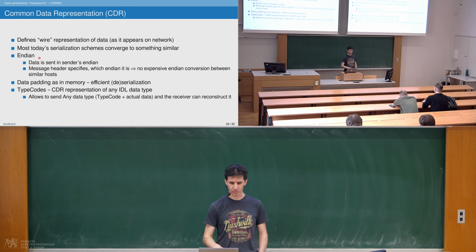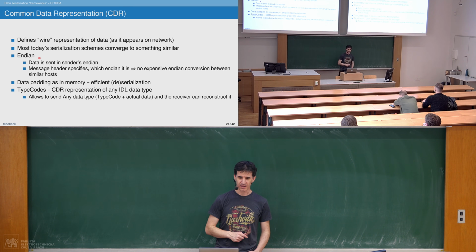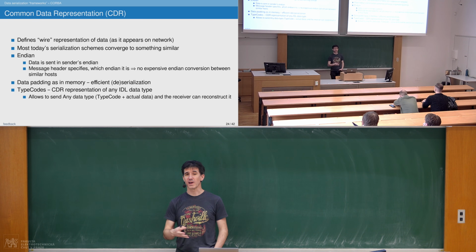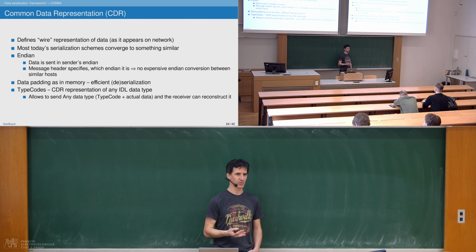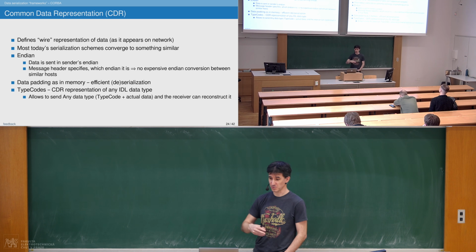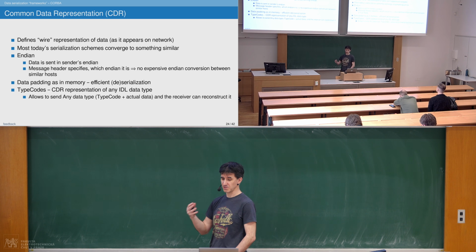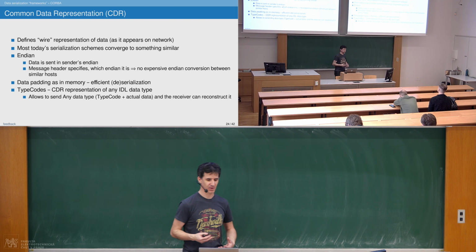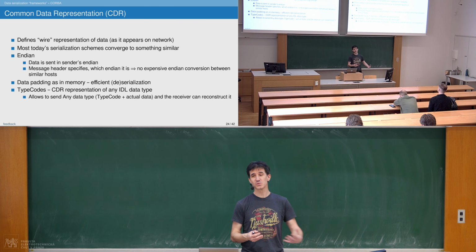First, endianness, how to deal with it. What Corba did was decide not to convert the endianness by default, but to use the endianness of the sending side, because often both the sending and receiving side use the same endianness, so it's useless to convert.